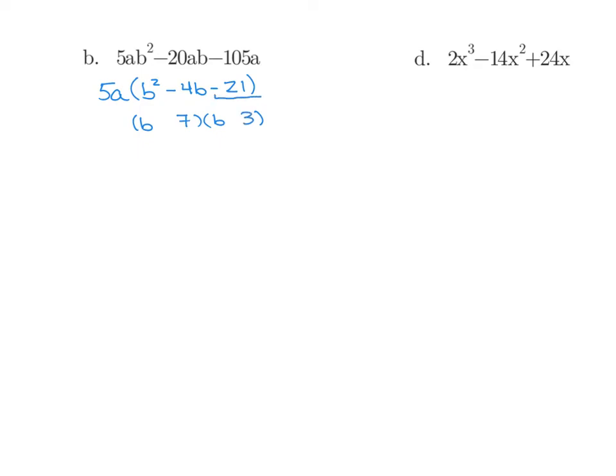Remember that when we are multiplying to a negative 21, this tells me different signs, and my larger one is negative. And finally, to finish off our answer, we want to bring down the 5a. All right, so we are done with that one. Let's keep going.